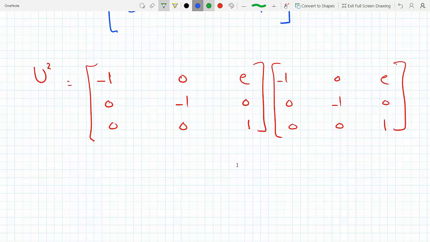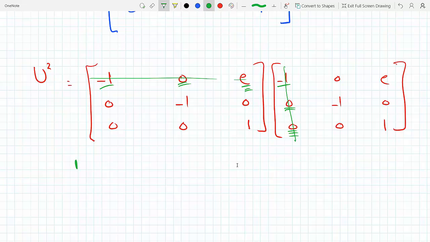The way matrix multiplication goes is I multiply row times column, corresponding cells with each other, and then I add them. So minus 1 times minus 1 is 1, plus 0 times 0, 0, and then E times 0 is 0, so the addition gets me a 1.